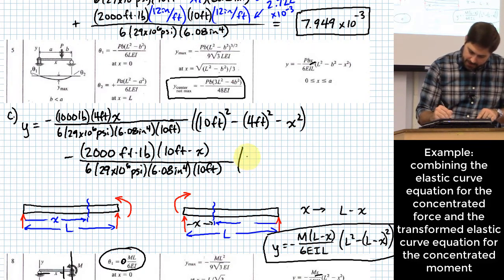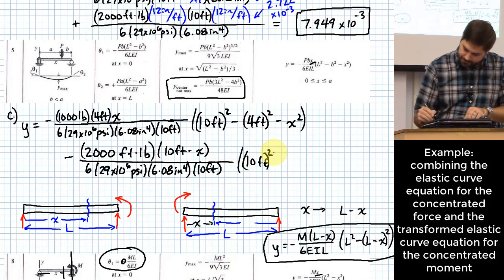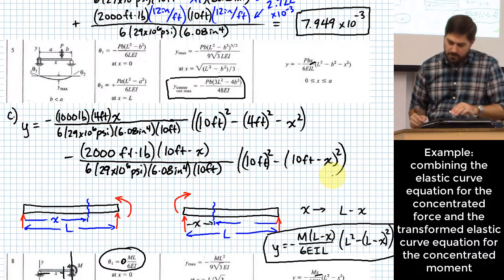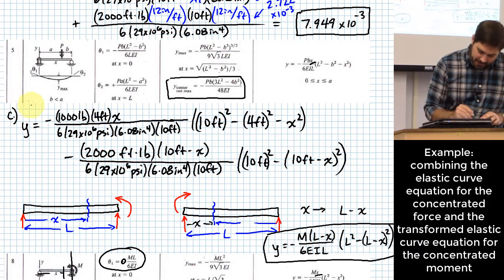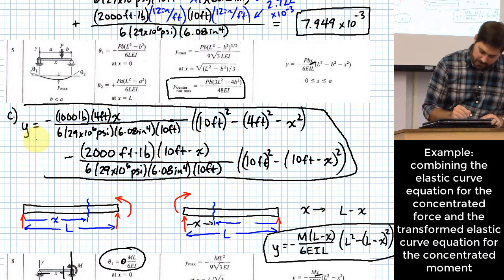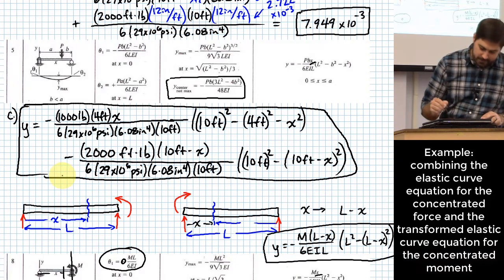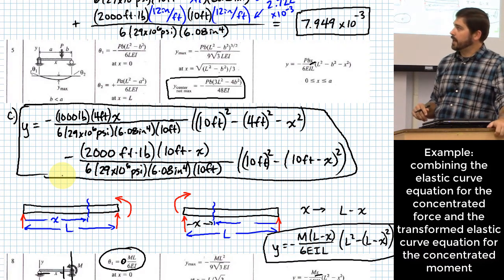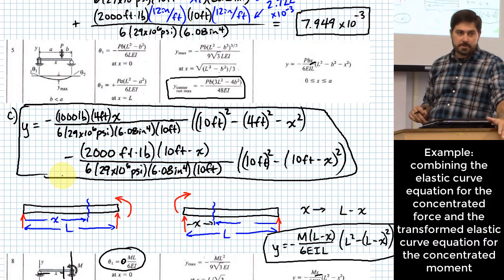And over here we've got 10 feet squared minus, and then here we've got 10 feet minus x squared. And we could simplify it down more if we wanted to. We don't have to. That's an expression that gives me the equation of the elastic curve under these two loads.